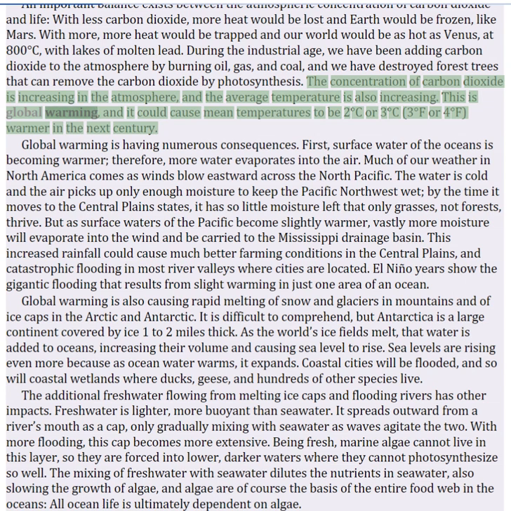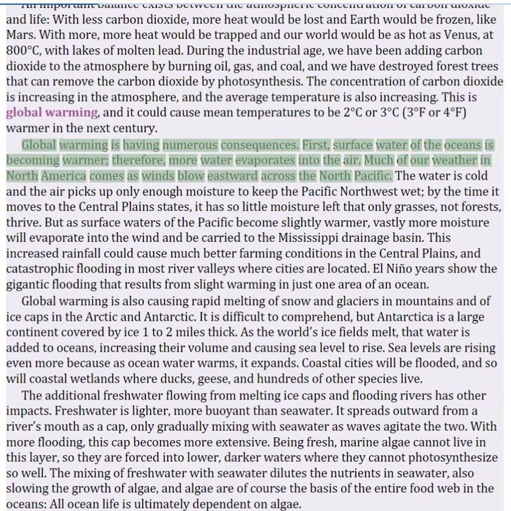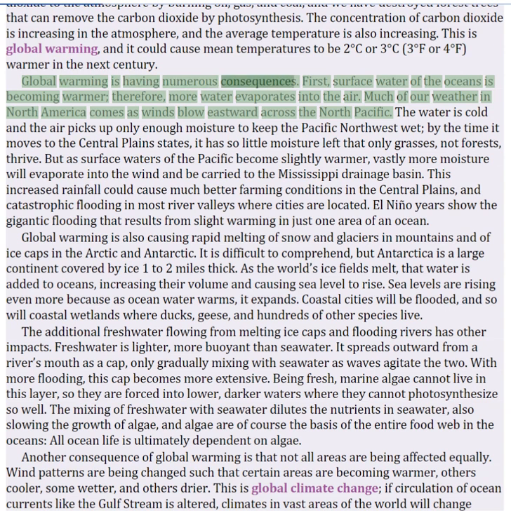This is global warming, and it could cause mean temperatures to be 2 degrees Celsius or 3 degrees Celsius warmer in the next century. Global warming is having numerous consequences. First, surface water of the oceans is becoming warmer, therefore, more water evaporates into the air. Much of our weather in North America comes as winds blow eastward across the North Pacific.